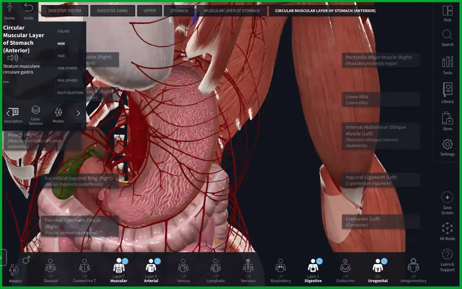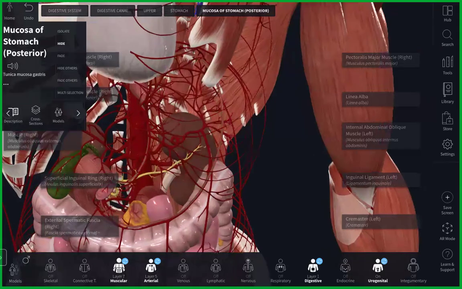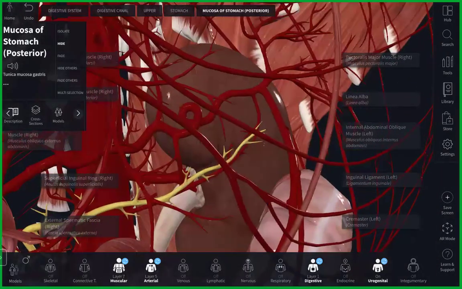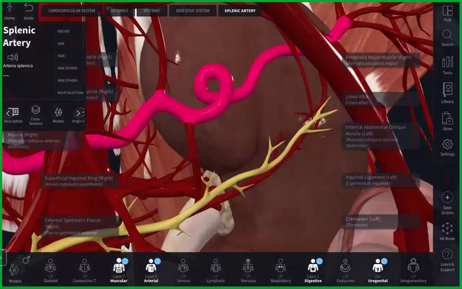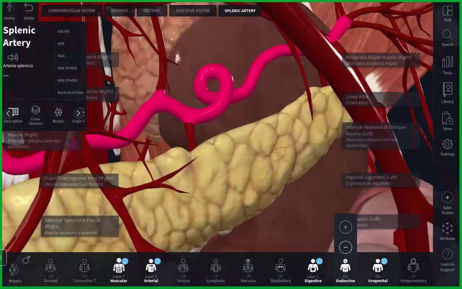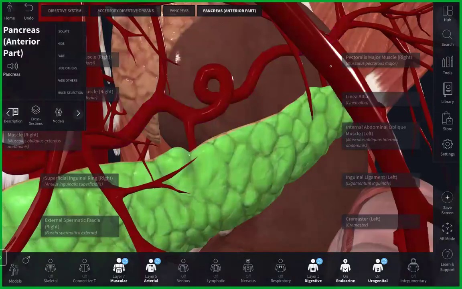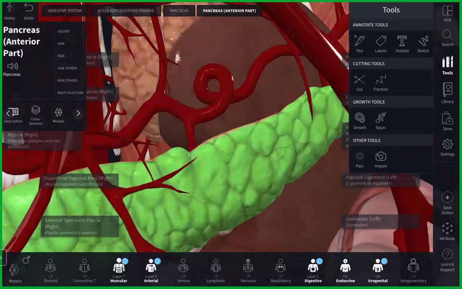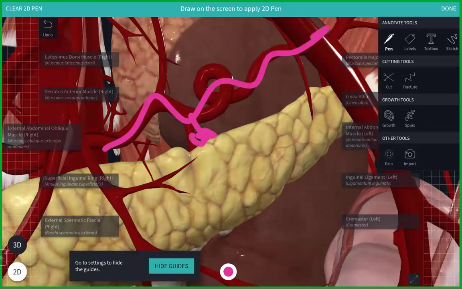Now we are going deeper. See, this is our splenic artery. Now, if we add the endocrine system, we can see that the pancreas is just below the splenic artery, the pancreatic body. Now, guys, if we do a splenectomy, we have to ligate. During ligation of the splenic artery, this part, the tail of the pancreas, is going to be injured.